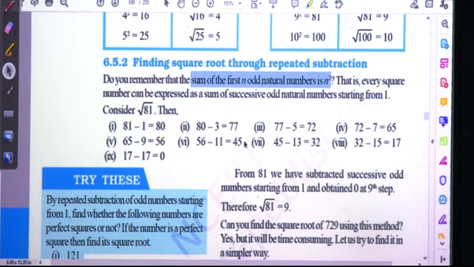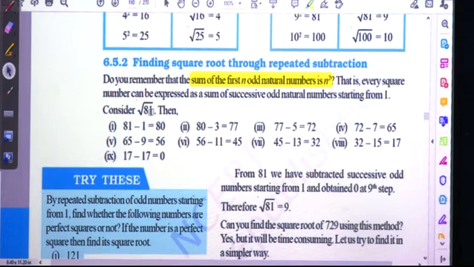Yes, we have studied this, we have solved this. That is, every square number can be expressed as a sum of successive odd natural numbers starting from 1.